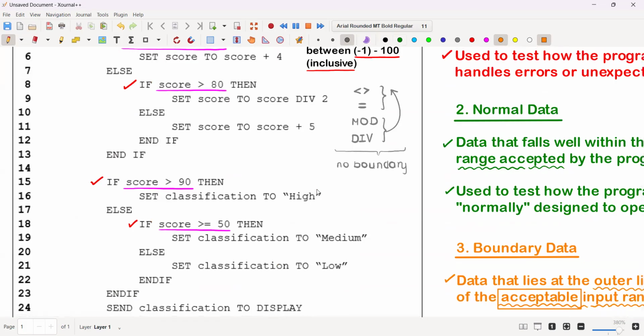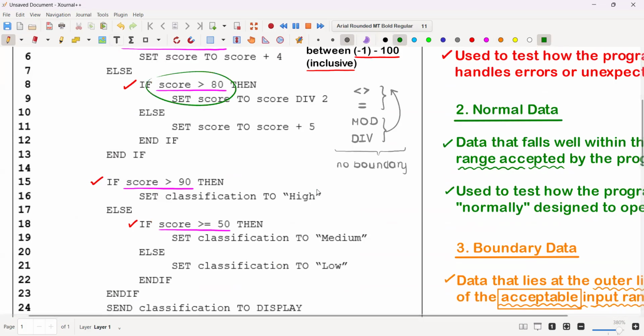Perfect. Let's take a look at this score greater than 91. Of course, I probably don't have to explain that to you because it's very similar to the score greater than 81. Let's quickly ask ourselves what the normal, boundary, and erroneous values for this particular condition are. Let's ask ourselves what the erroneous data is first of all. For this condition, the erroneous data has to be the data that is below 90, but also equal to 90, right?